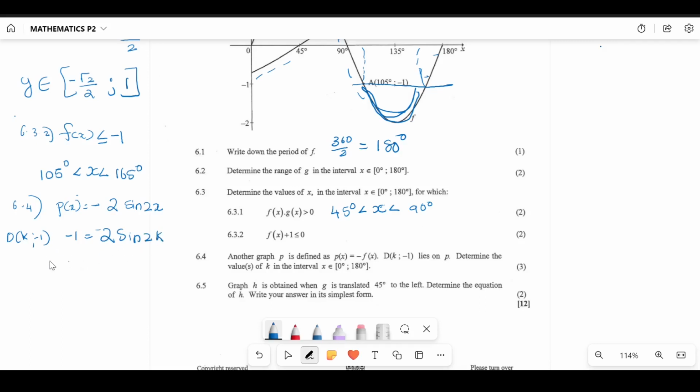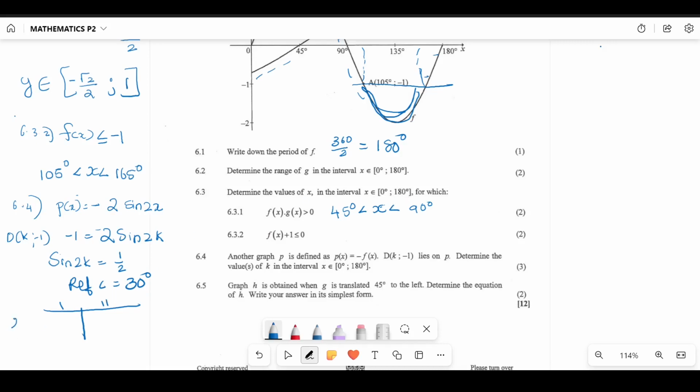Now therefore sine 2k equals one over 2. The reference angle is sine inverse of a half, that is 30 degrees. So where is sine positive? In the first and second quadrants, only 1 and 2 because it's only from 0 to 180.